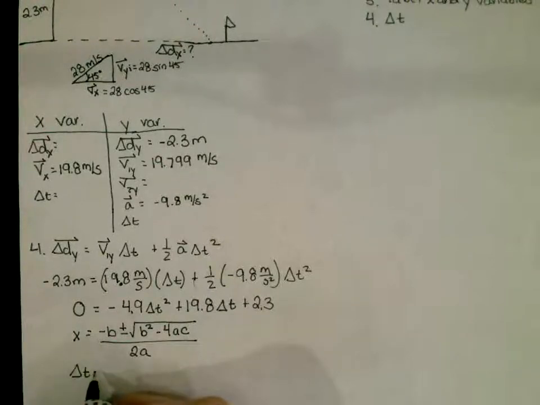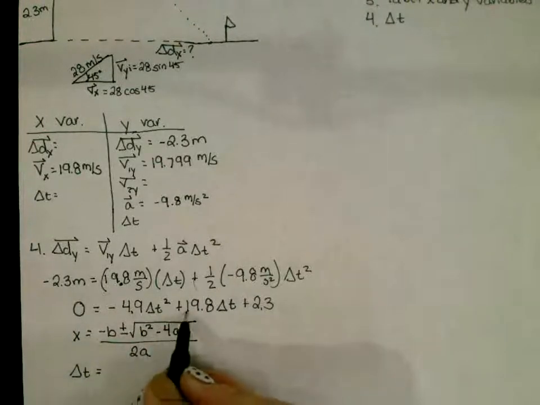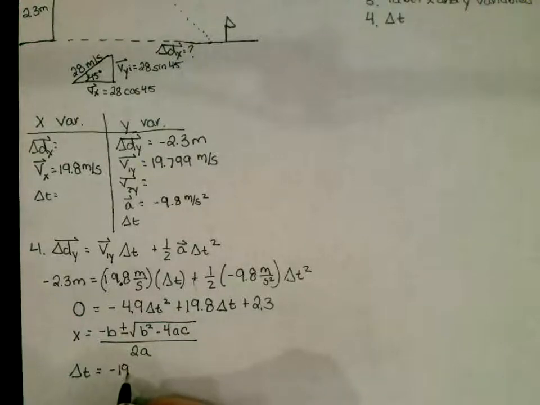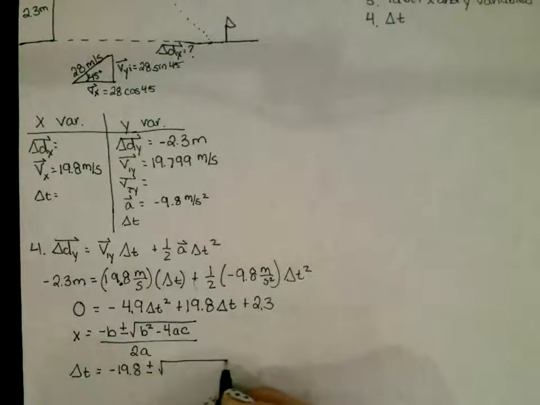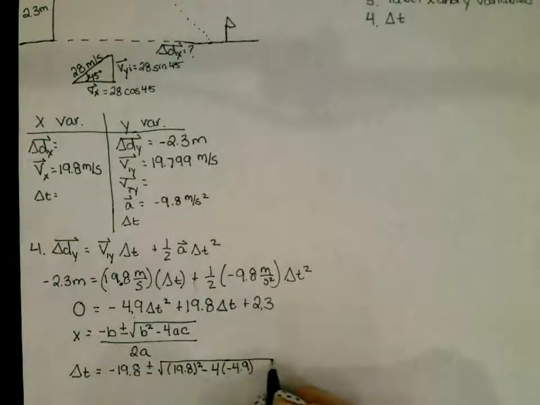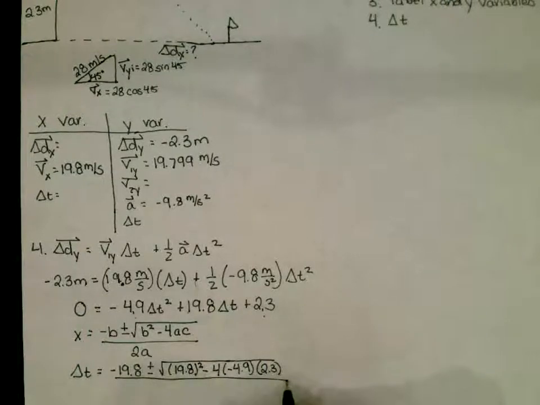Change in time is equal to the opposite of b, negative 19.8 plus or minus the square root of 19.8 squared minus 4 times a, negative 4.9, times c, positive 2.3, all over 2 times a, which is negative 4.9.